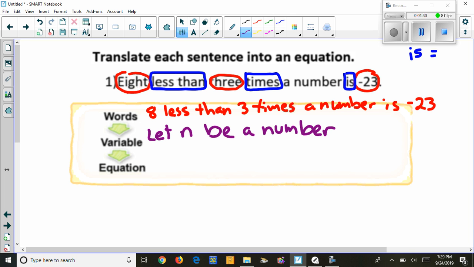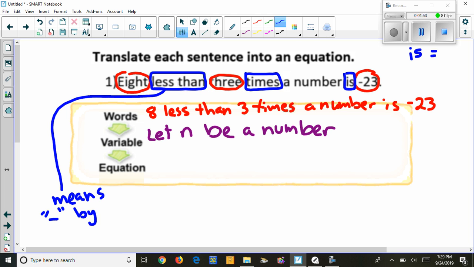Now let's go ahead and set it up. Some things to note. If you copied down the table on the previous page, we need to take a note about less than. Less than means that we are going to subtract by the number in front. It means that the 8 actually does not come first.